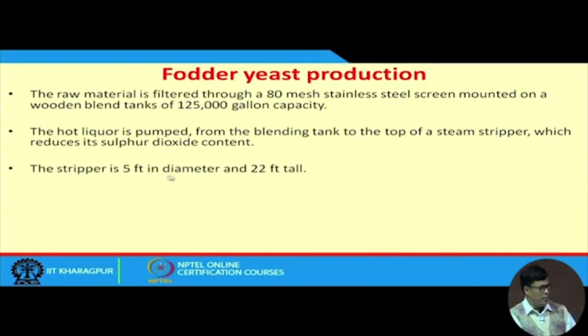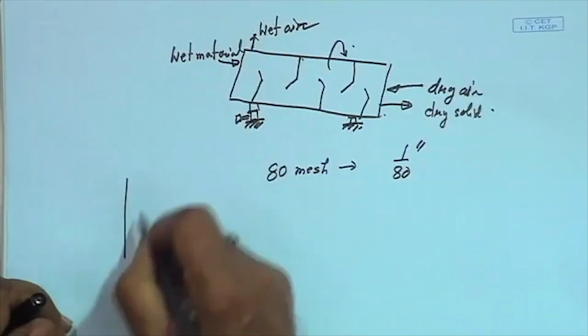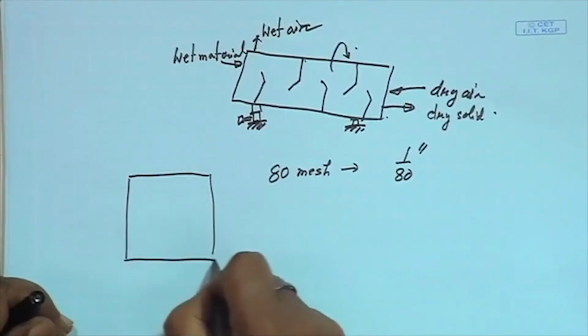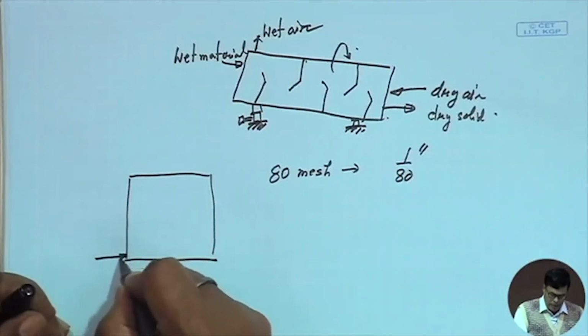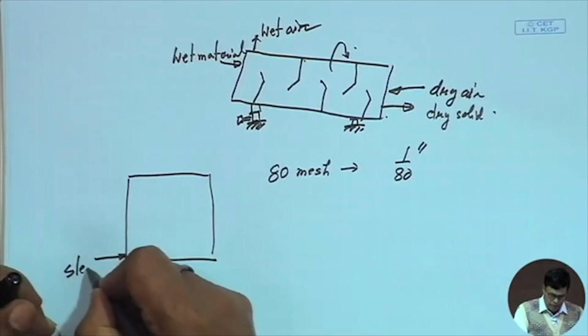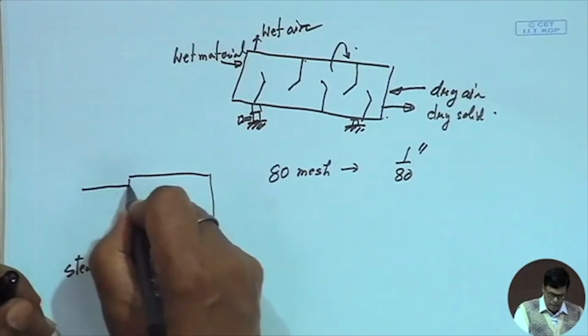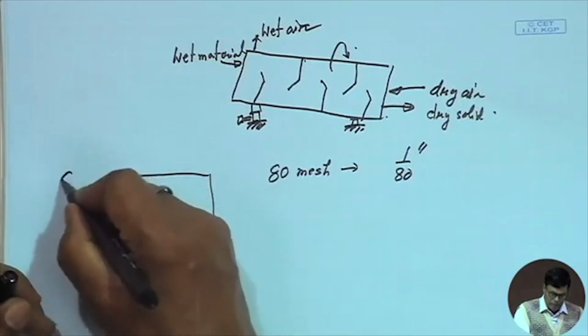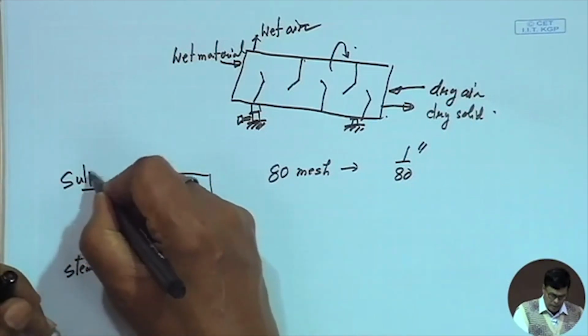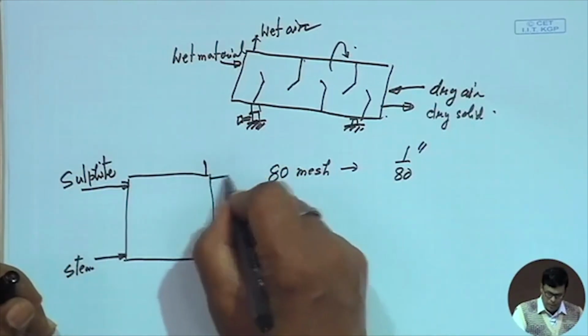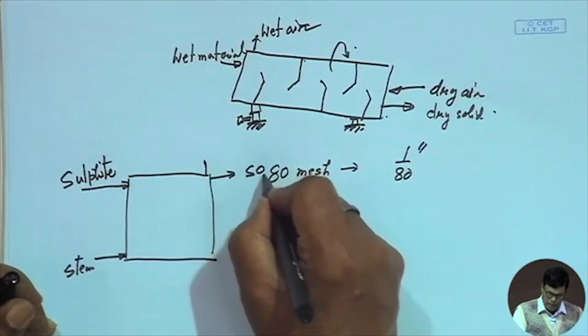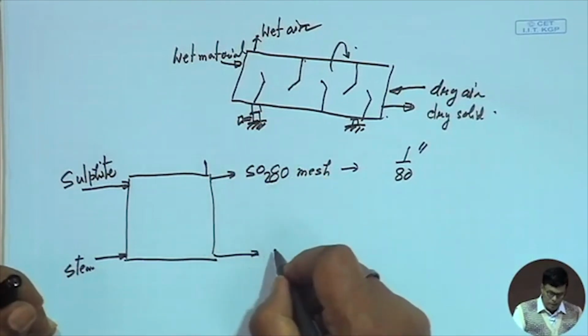The stripper is 5 feet in diameter and 20 feet tall. So it is very simple. We can pass steam here, and here you have the liquid, that is sulfite. So here we will get the sulfur dioxide, and here we get the liquid.